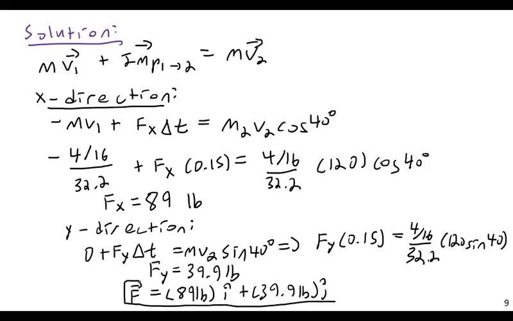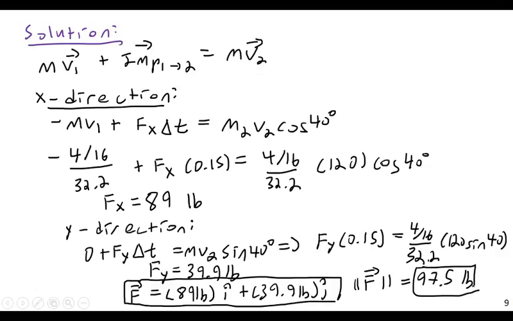Or I could also get the magnitude of it if I wished: the magnitude of F is equal to 97.5 pounds. That would be the magnitude of the force necessary to cause that level of change. And that's the basic idea of simple problems of impulse and momentum.